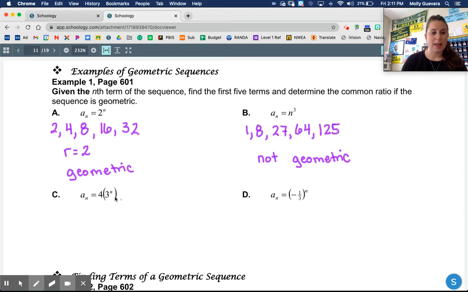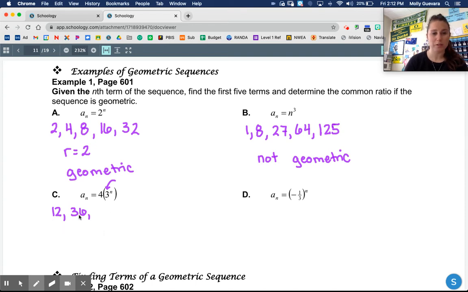Okay, for C, this looks like the geometric explicit equation, right? So let's find our terms. If I plug in 1, 3 to the 1 is 3, times 4 is 12. If I plug in 2, 3 squared is 9, times 4 is 36. And if I notice, right, this right here tells me what my r is. I'm multiplying by 3 every single time.